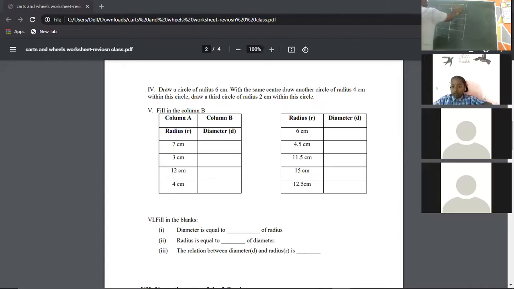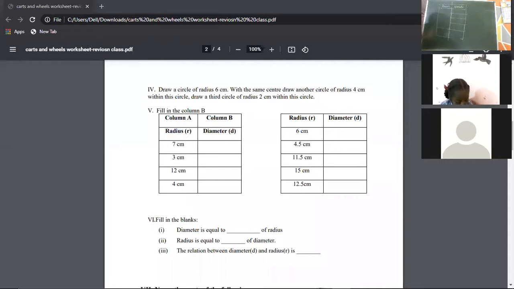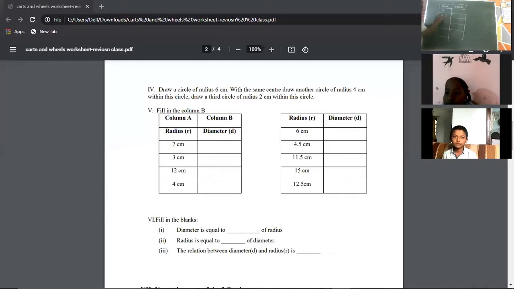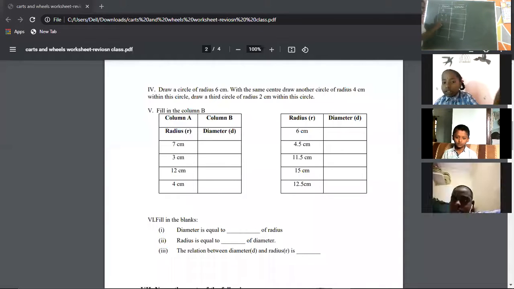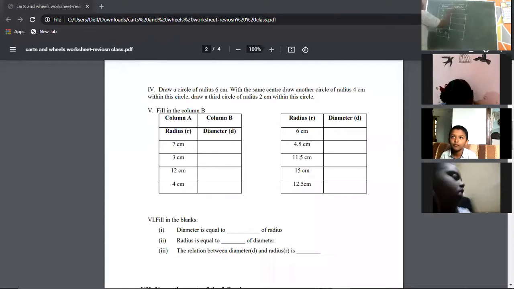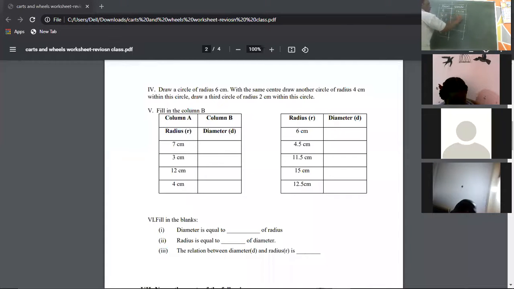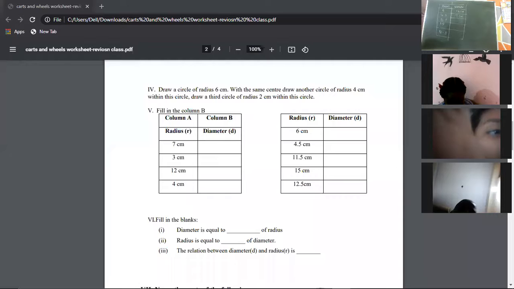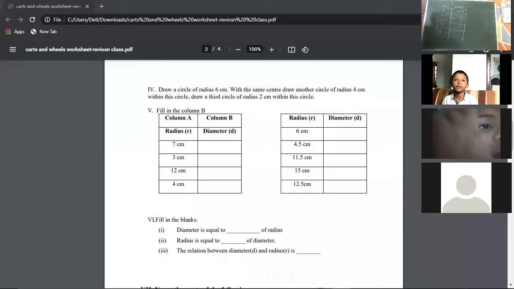Same question. 6 centimeters, double to this, 6 double is 12 centimeters. The answer is 12 centimeters.